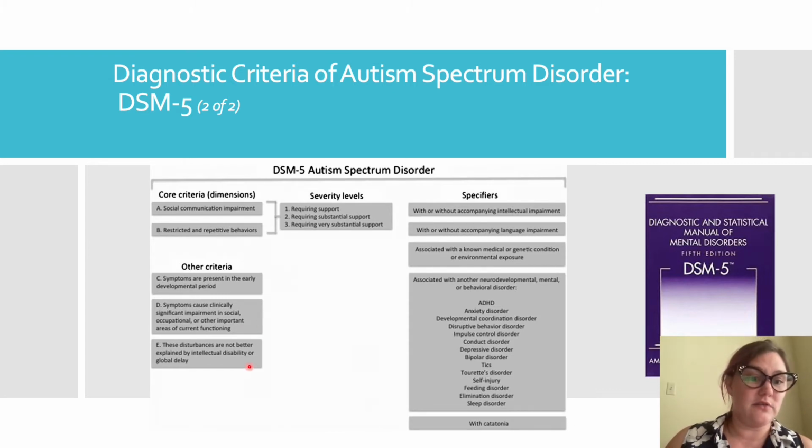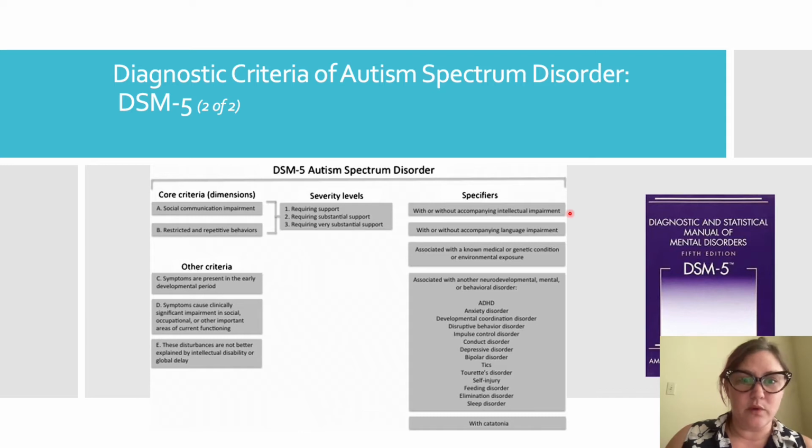And then also, these disturbances are not better explained by intellectual disability or global delay. You'll see here on the far right-hand side of this chart that these are all of the specifiers that need to be indicated whenever a diagnosis of autism is made.